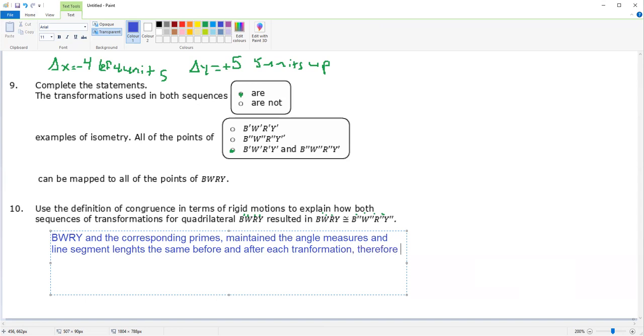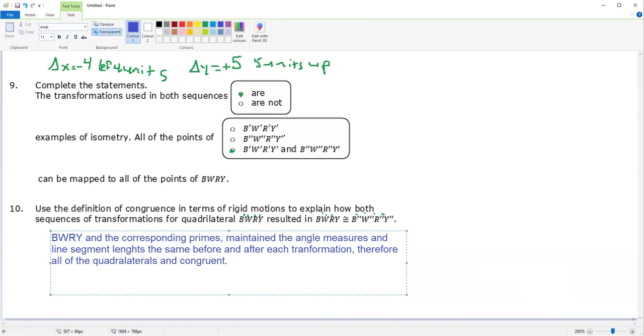Therefore, all of the quadrilaterals are congruent. There we go. That's what I'm putting.